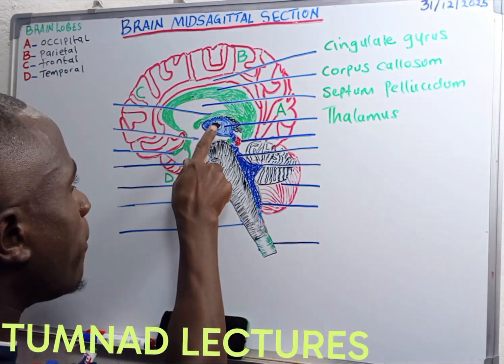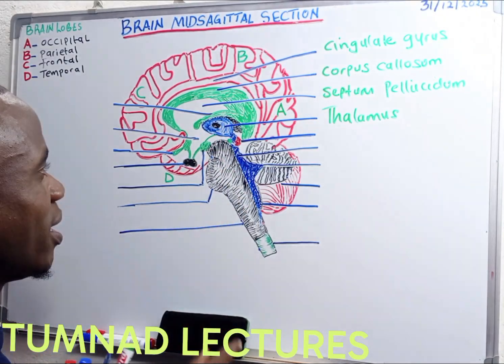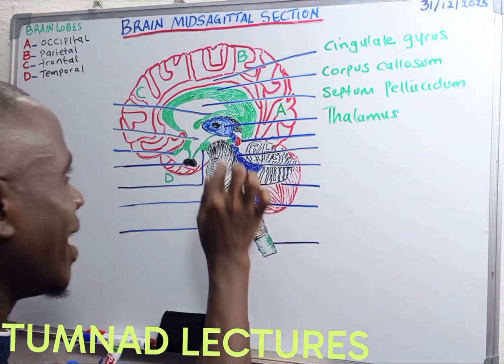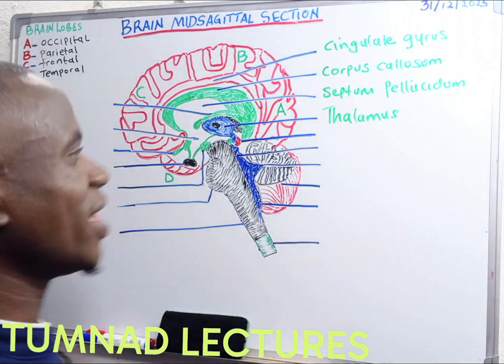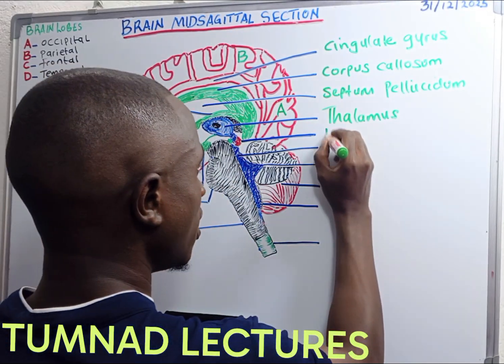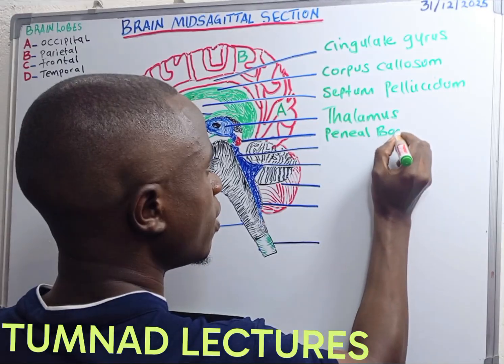Then just posteriorly to the thalamus, just down this area here, how do we call this small portion just at the back of the thalamus, just inferior to it? They call this area the pineal body. Okay, the pineal body.